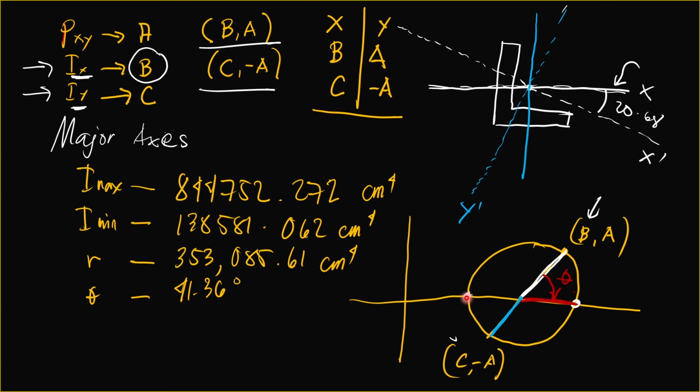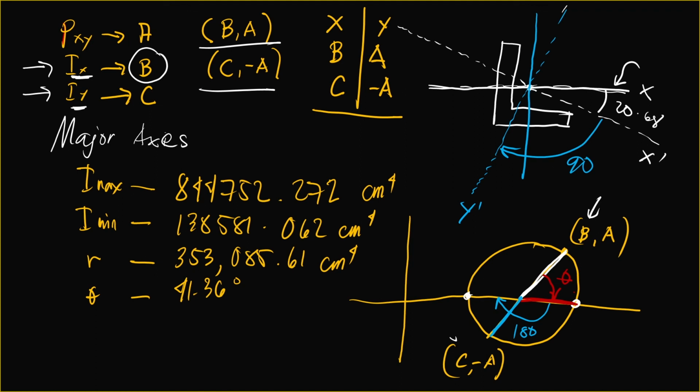The angle there on the Mohr circle is 180, so the actual angle is 90, which is half of 180. Did you get that? In the Mohr circle, the angle is doubled, so the actual angle is only half of theta.